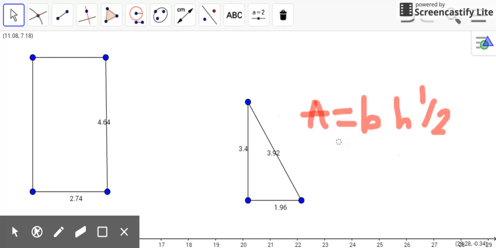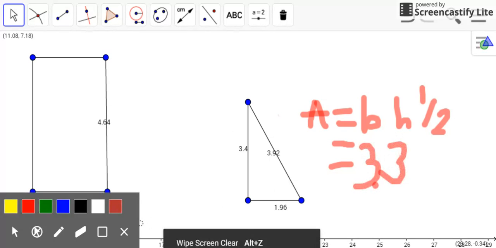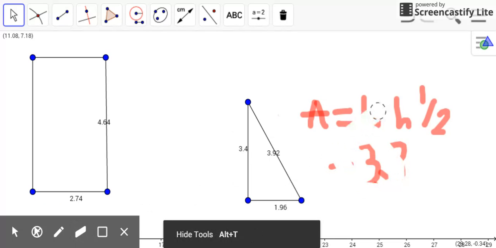In this triangle, you don't need C, you only need A and B. So it'll be 3.4 times 1.96 times 1/2, and that'll give you 3.3. That's how you calculate the area for a triangle.